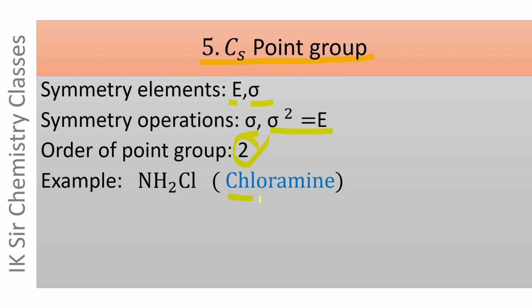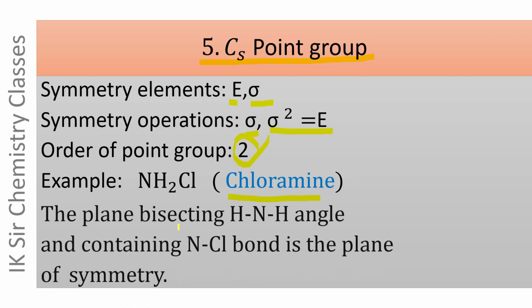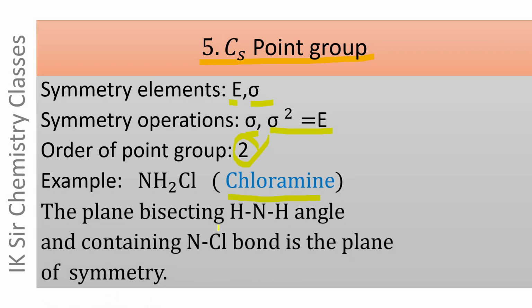NH2Cl, chloramine. The plane bisecting the H and H angle and containing NCl bond is the plane of symmetry in chloramine molecule. This is NH2Cl.